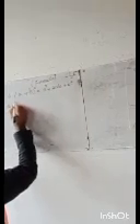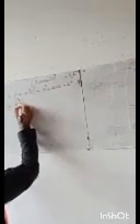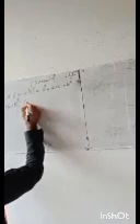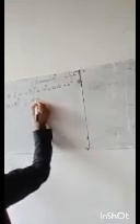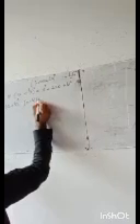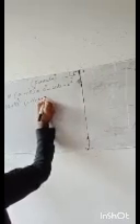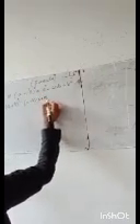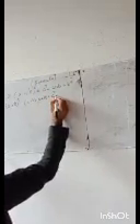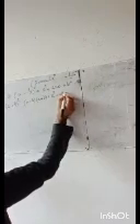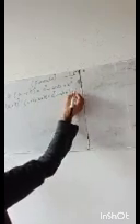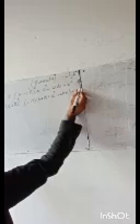Proof: a plus b square is equal to a plus b multiplied by a plus b, is equal to a square plus ab plus ba plus b square.